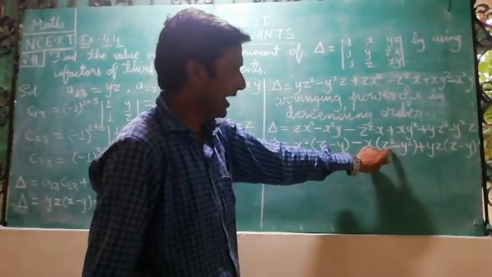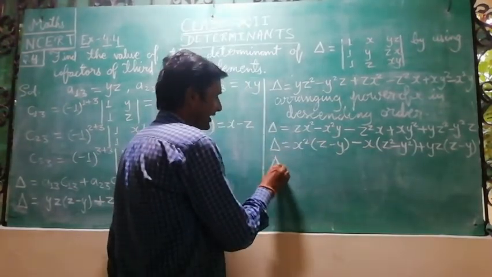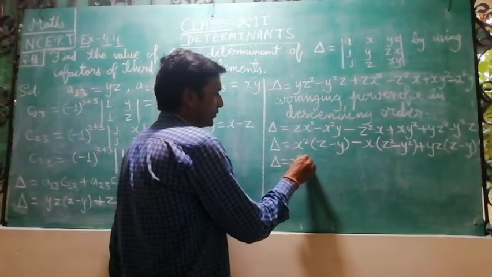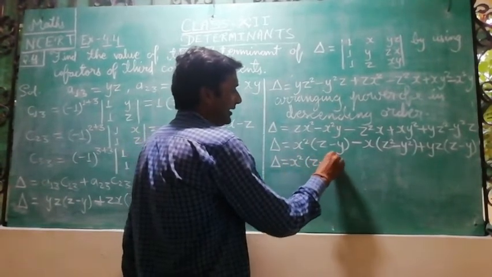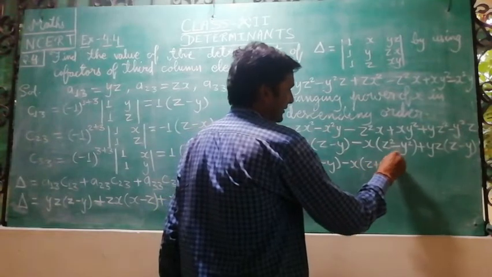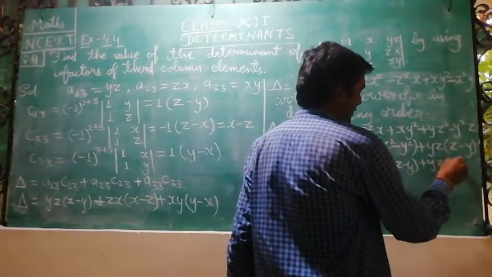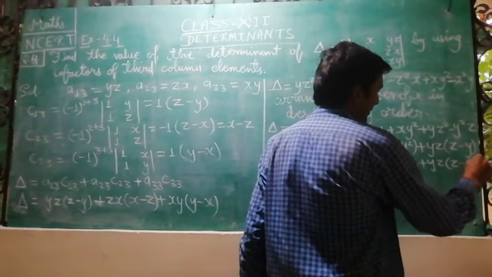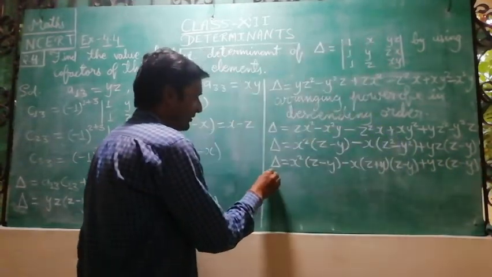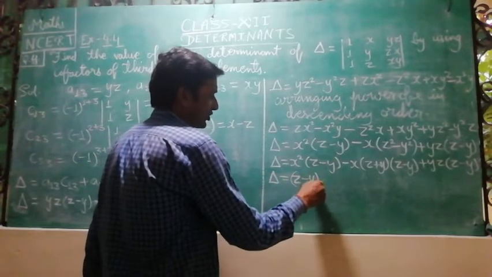Now what can we take common afterwards? First of all we have to apply the formula a square minus b square is equal to a plus b into a minus b. So delta is equal to x square into z minus y, minus x into z plus y into z minus y, and then plus yz into z minus y. Now we can take z minus y common, so determinant is equal to z minus y taken common.